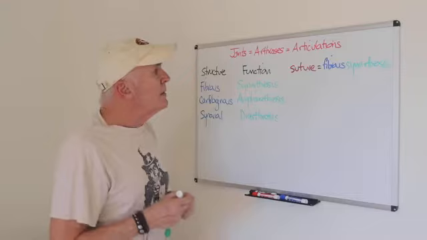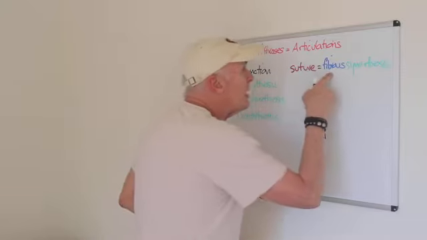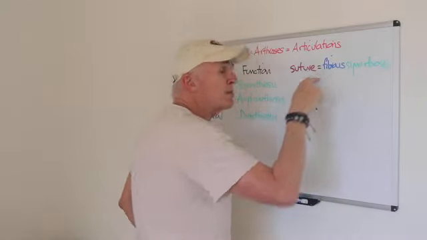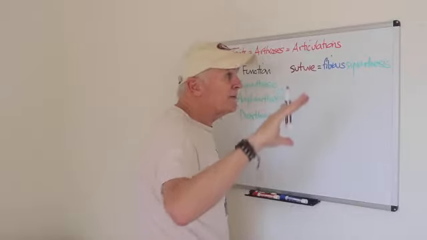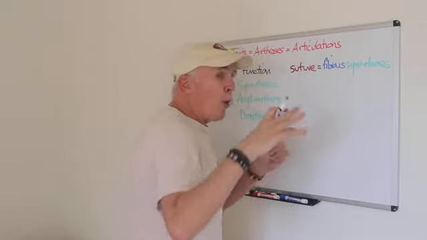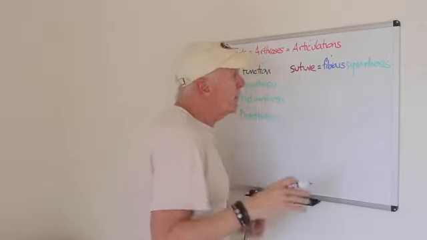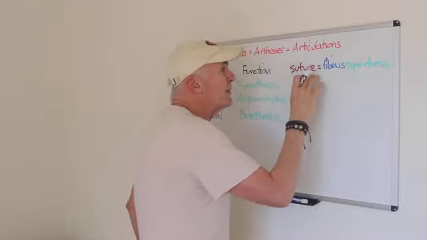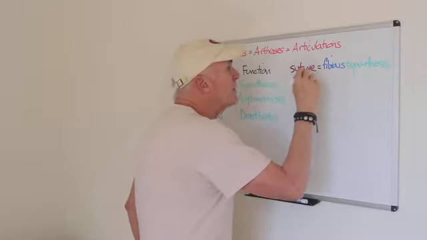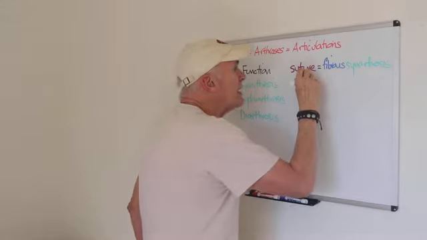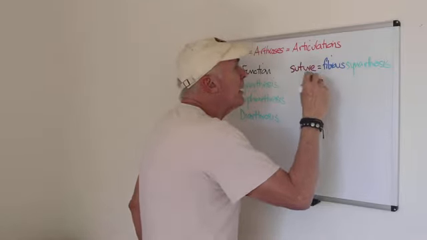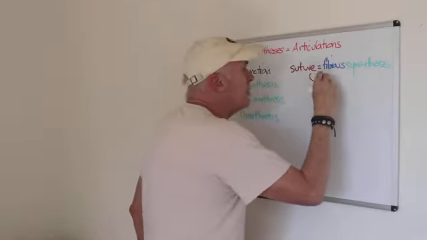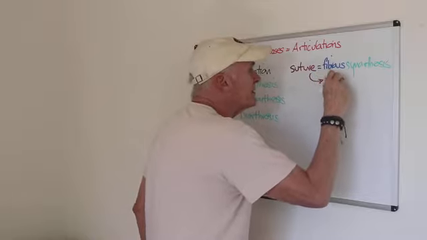Now a suture can change. Remember when you were born, you had the sutures, the fontanelles were open, and then the bones slowly grew together. Initially, when sutures grew together, they were still fibrous. Over time, a suture can ossify, and when a suture ossifies, it's known as a synostosis.